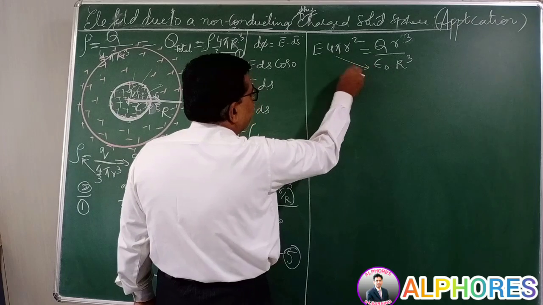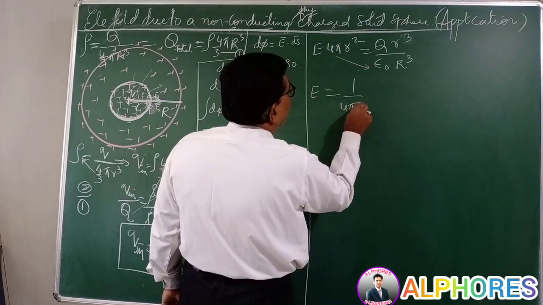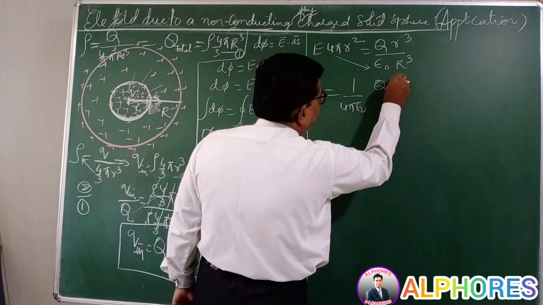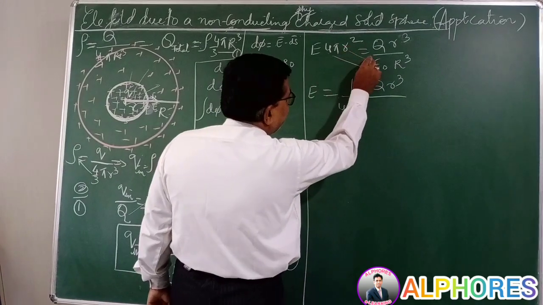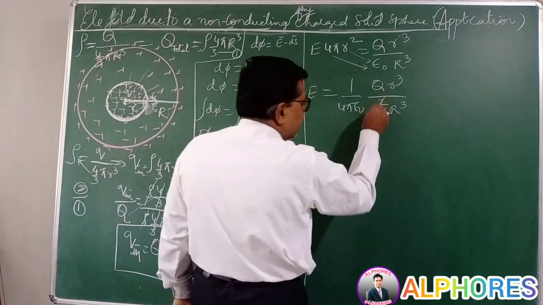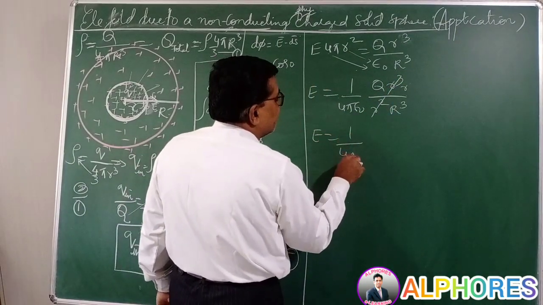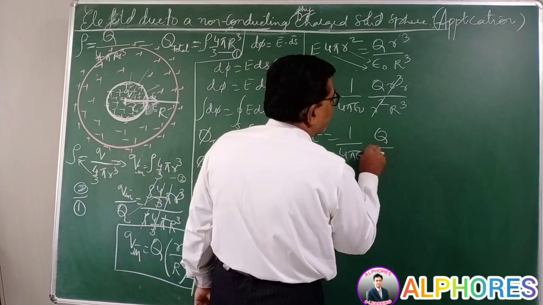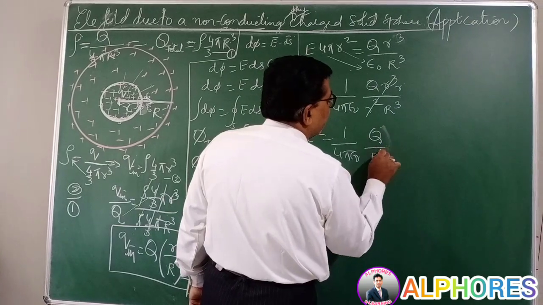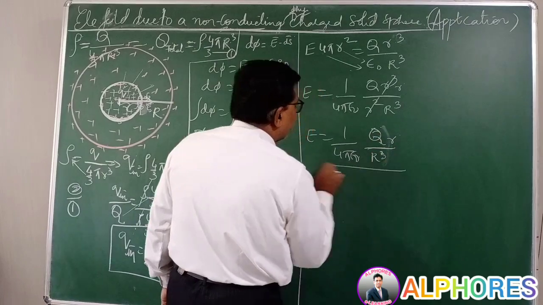Getting this down here, E is equal to 1 by 4 pi epsilon naught, with the numerator Q r cube and the denominator r square R cube. The r square cancels, so I get the electric field as 1 by 4 pi epsilon naught times Q r by capital R cube.